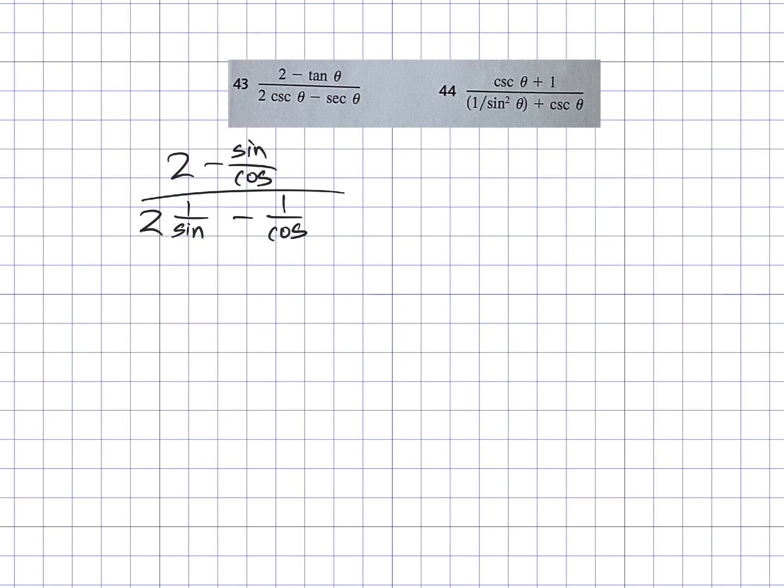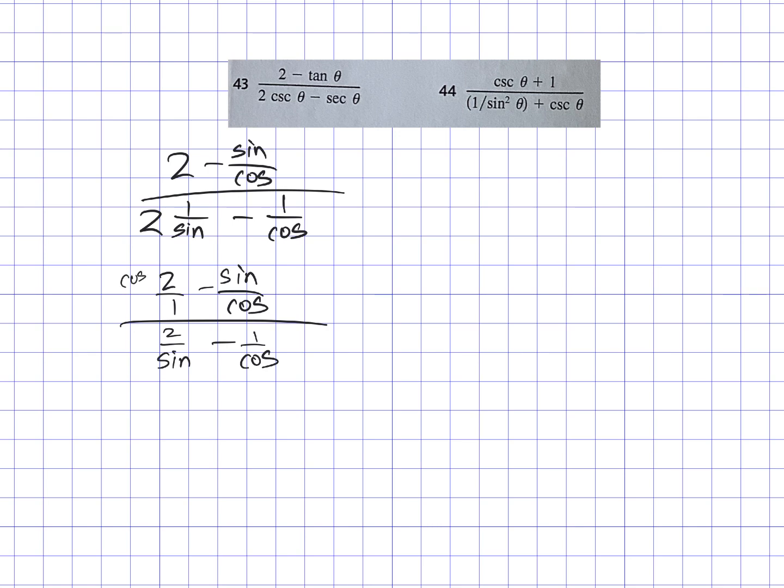Okay, so let's take this one step further. 2 over 1 minus the sine over cosine, that's the numerator, and I have 2 over the sine minus 1 over the cosine in the denominator. Now we need a common denominator in the numerator and a common denominator in the denominator. So basically, you just cross multiply.